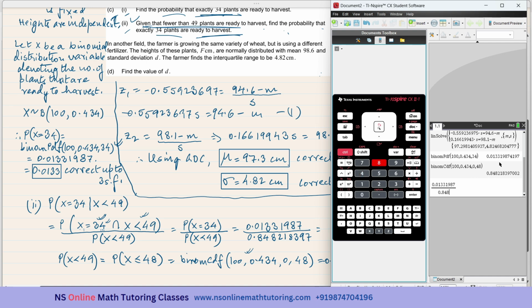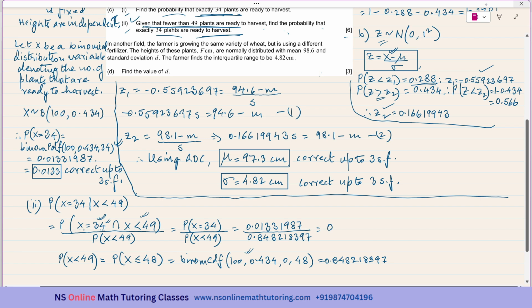Of course, you can select these numbers and get them over here. Enter. It is 0.0157. Up to three significant figures, it is 0.0157.